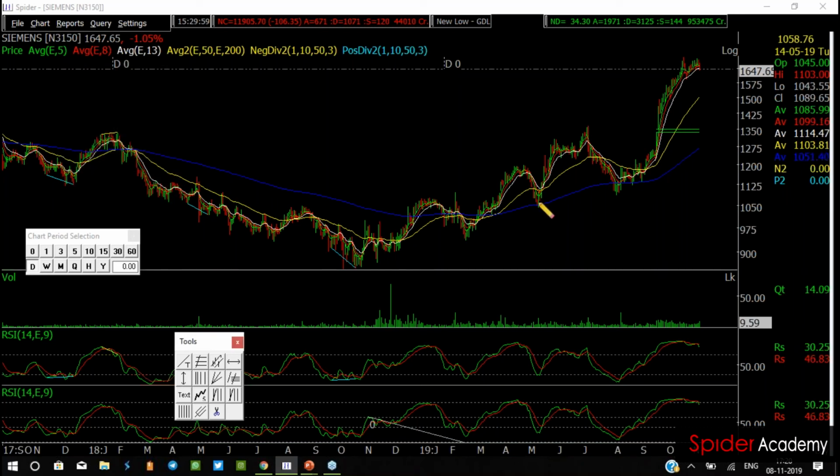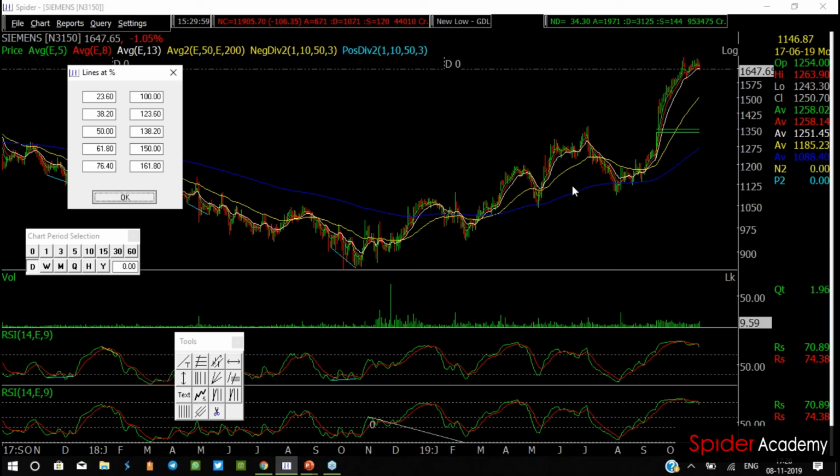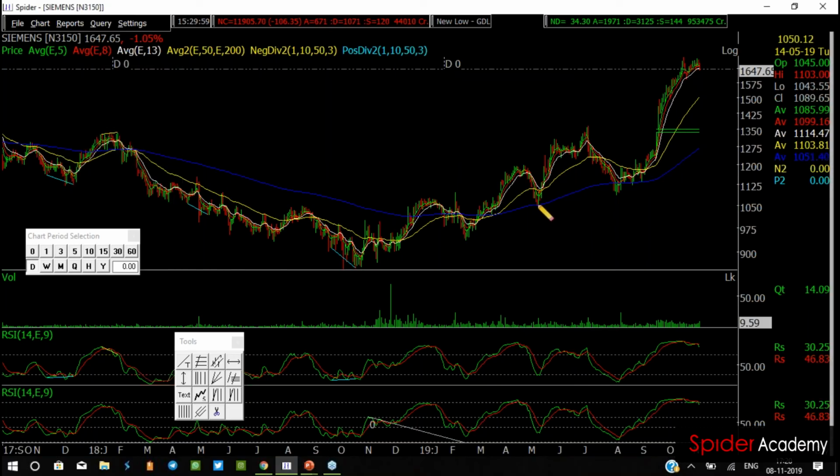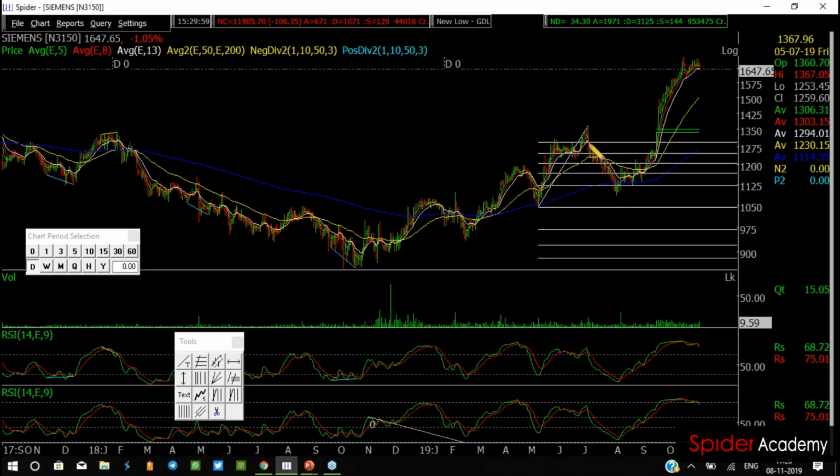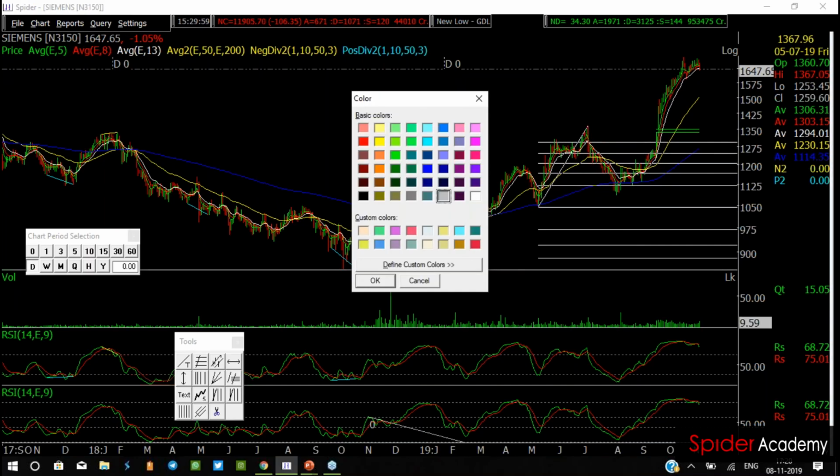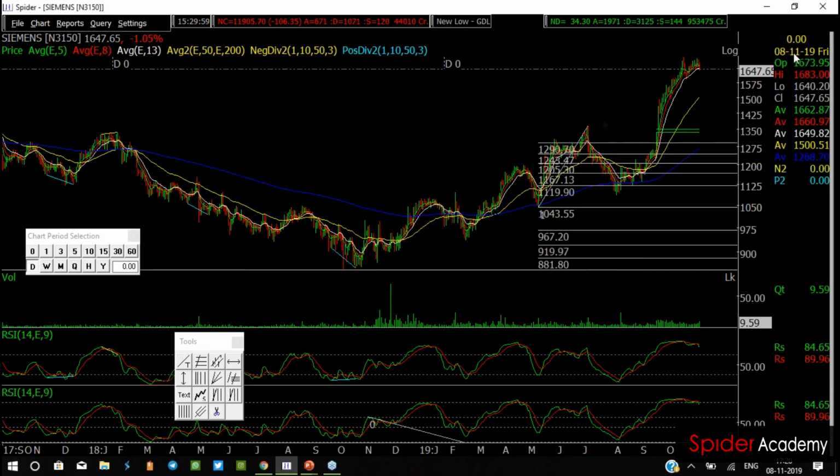And so this is a very nice feature which I like in this software, that I do not have to search for the highest high or the lows. I just need to press an L for the lowest low and an H for the highest high, and my work is done.